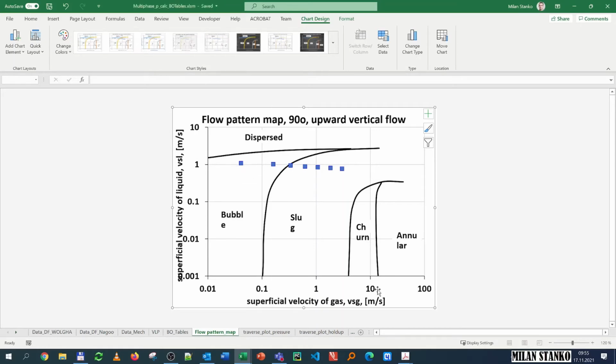We are not sure the flow pattern map is very valid because the properties are changing along the tubing and the pressure is changing, while the diameter is the same, but at least qualitatively it gives you an indication of what's happening in the wellbore, transitioning from slug to bubble.